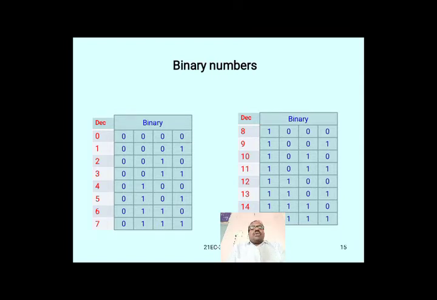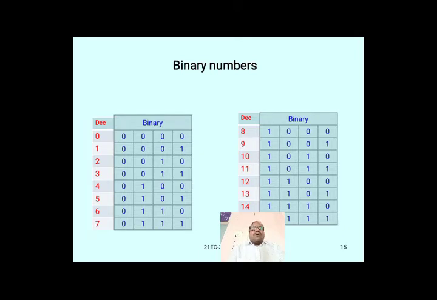From the exam point of view, the most important thing is how to represent decimal numbers in binary form, with the help of the positional weights from least significant to most significant bit.